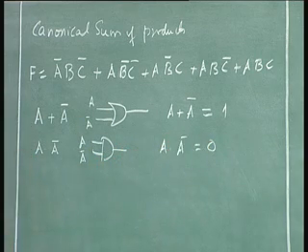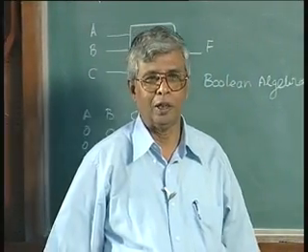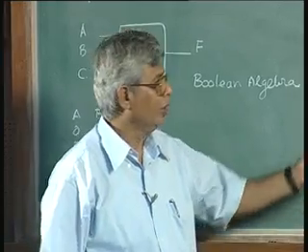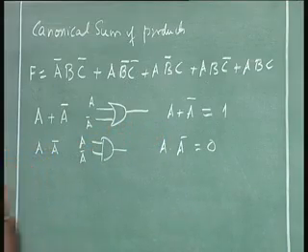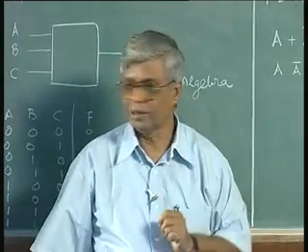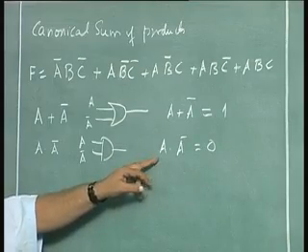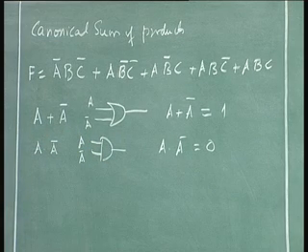Most of the time this itself will do for reducing our Boolean expressions, because when you have a redundant term, a term with a and a term with a bar with a common variable, we can take the common variable out and put a plus a bar, knock it off as 1. Similarly, we may have a and a bar, knock it off as 0. Most of the time that is good enough.